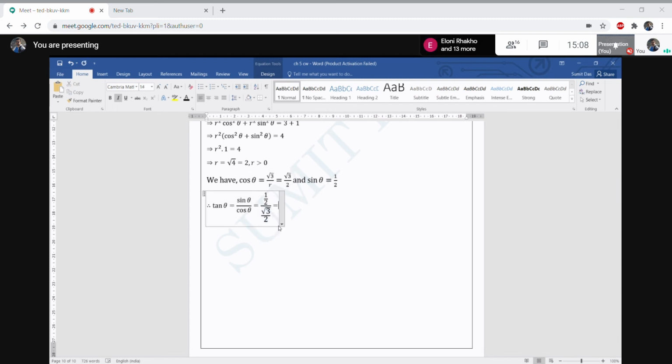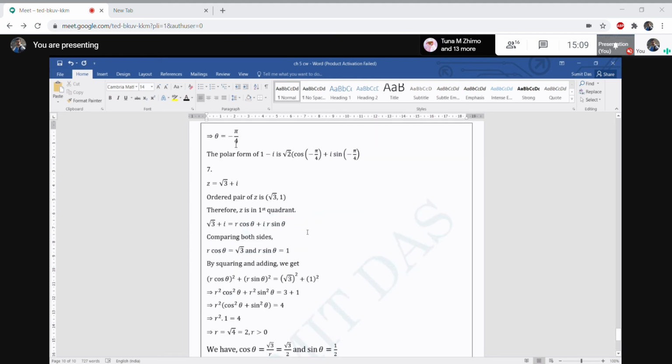If you simplify this, it is 1 by square root of 3, which is equal to tan theta. 1 by root 3 means pi by 6, I guess. Right, tan 30 value is 1 by root 3, so it will be tan pi by 6. Therefore, which implies theta is equal to pi by 6.